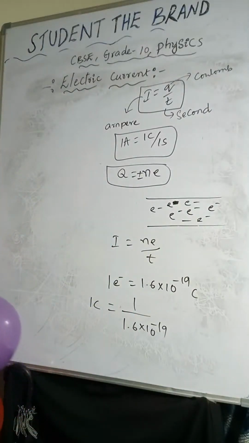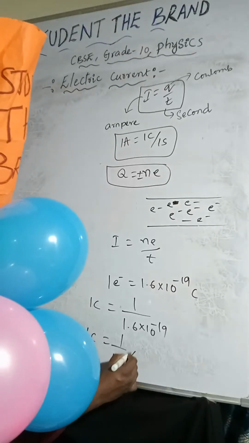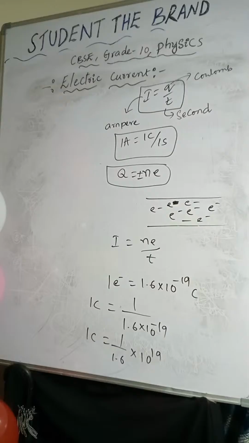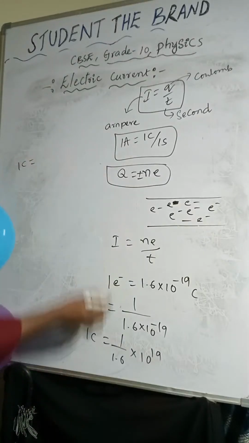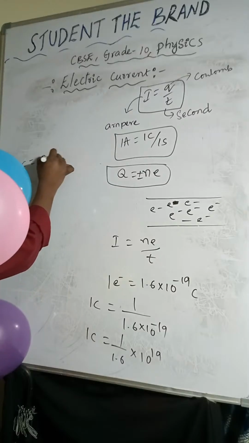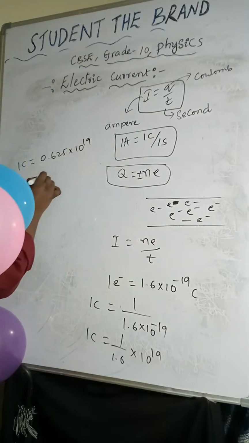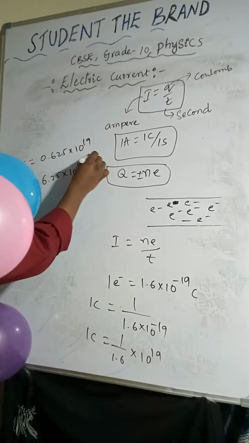If you do this calculation, you will get 0.625. So in 1 coulomb, 0.625 into 10 power 19, that is 6.25 into 10 power 18 electrons are present.